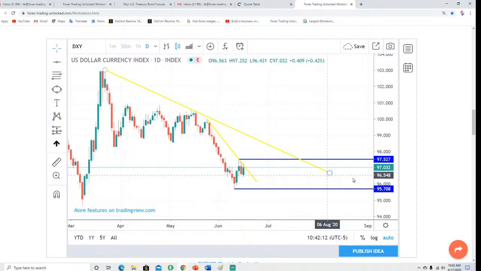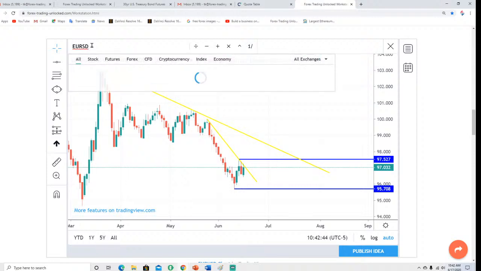And if we take out this 97.52 area, that takes out this downward sloping resistance, which breaches the short-term downtrend and sets us up for an intermediate, medium-term sideways to higher trade. And then the longer-term trend we know is definitely here. So we've got to breach this other area here before we get majorly bullish. But right now, from where we're at at the 97 area, to get us back up to the 99 area for the dollar index is not outside of the realm of possibility.